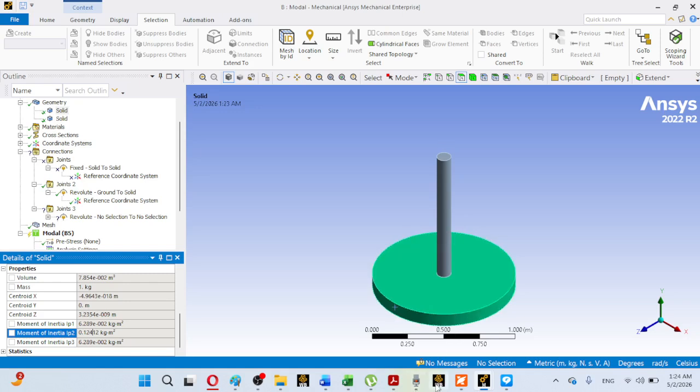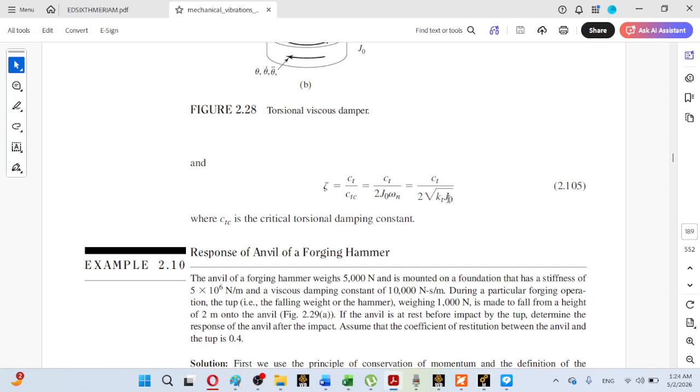So when you will be multiplying the value of kT by J naught, you will be obtaining the value: 755,189.785 multiplied by 0.125, taking its square root and multiplying it by 2, you will be obtaining 614.487.